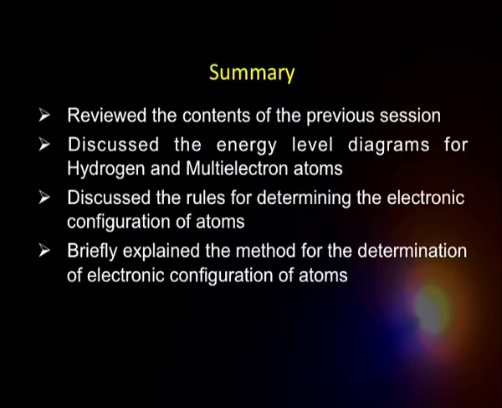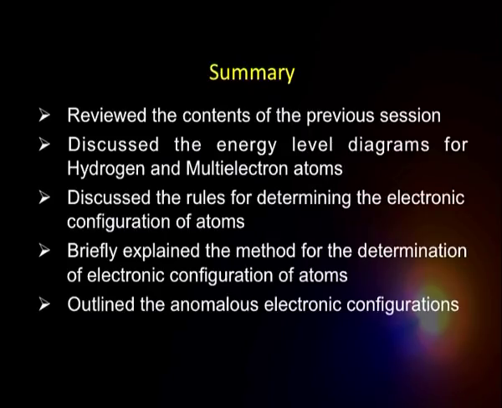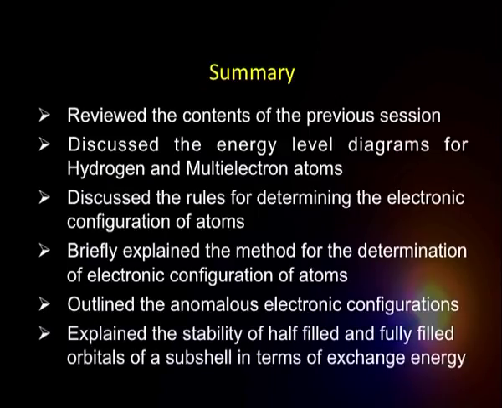Thereafter, we outlined certain anomalous electronic configurations, typically those of copper and chromium. Then we explained that these anomalies are attributed to the stability of half-filled and fully filled orbitals. To rationalize that, we explained this stability in terms of exchange energy and symmetry as well, but primarily the exchange energy.